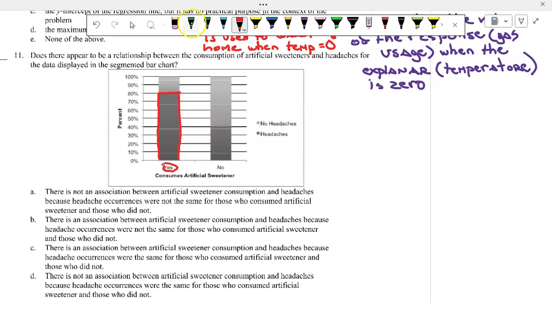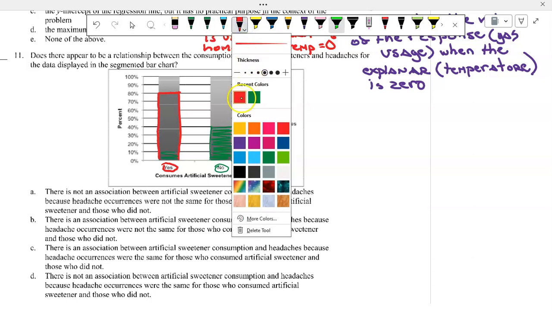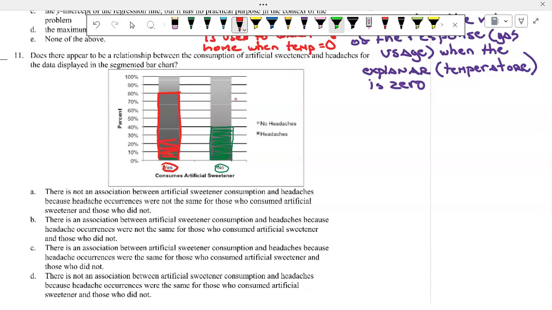For the folks that did not consume an artificial sweetener, only 40% got a headache. So you can see that these two rectangles here are not the same size. And when they're not the same size, that's indicating there is an association.